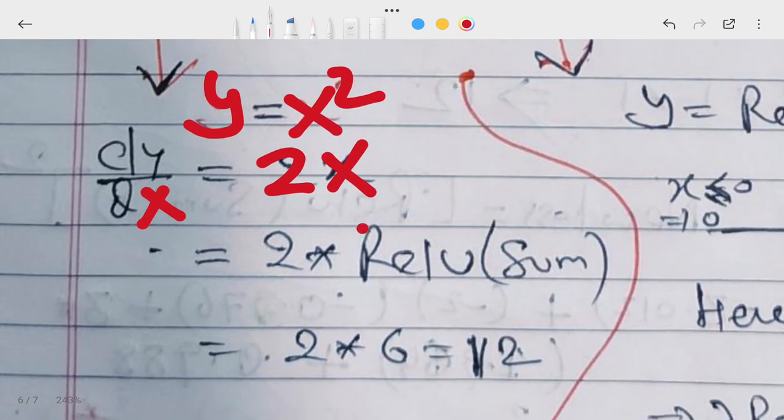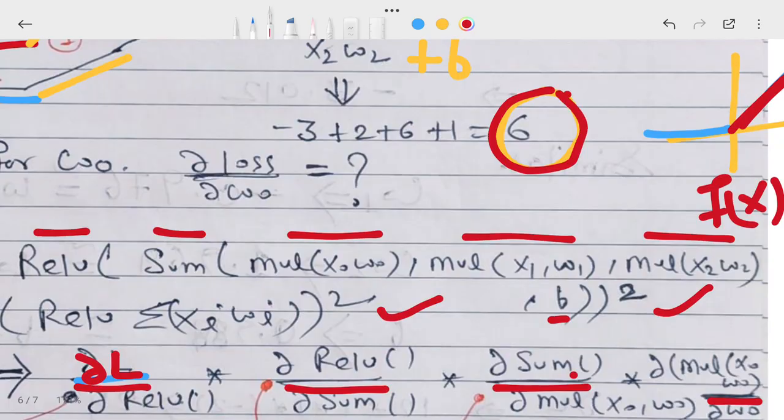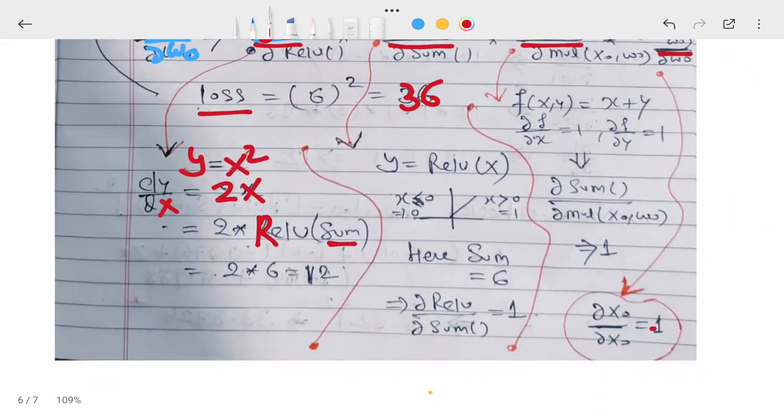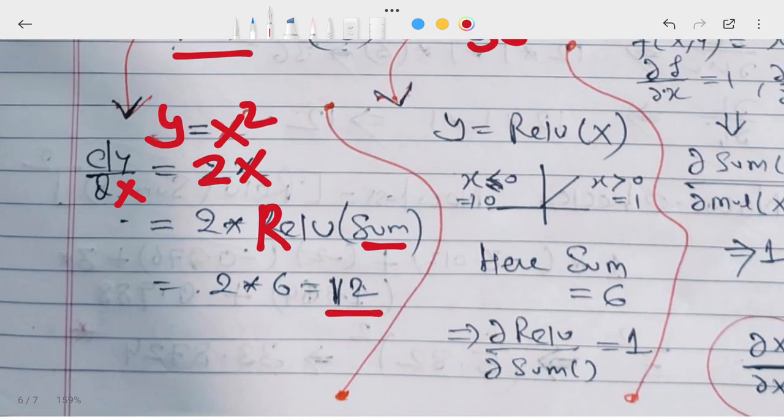What is x? x is ReLU actually, the ReLU of the sum. Already you can see the sum is 6. So this is 2 into 6 is equal to 12. I got 12.